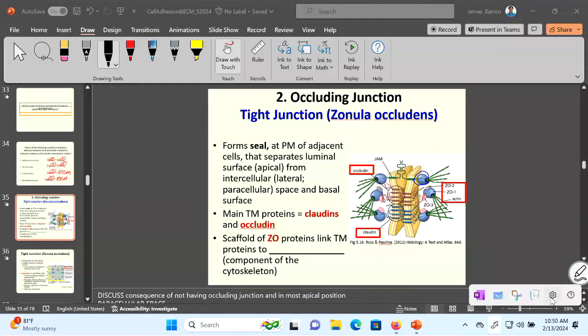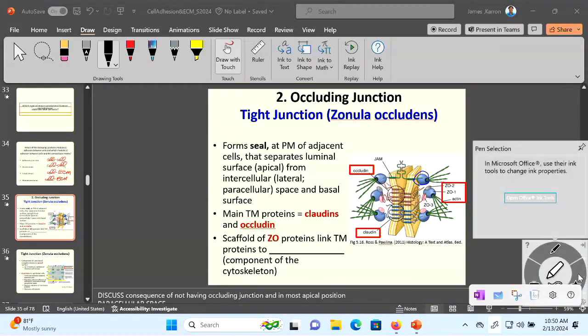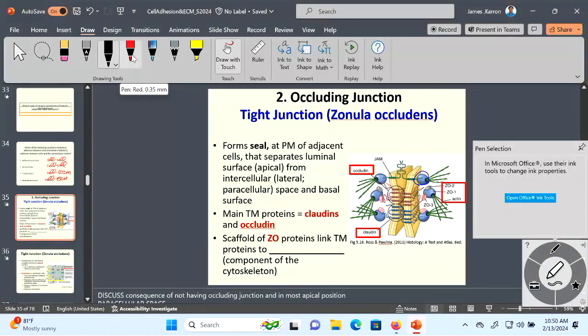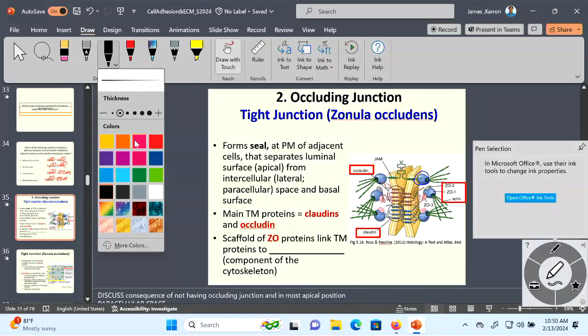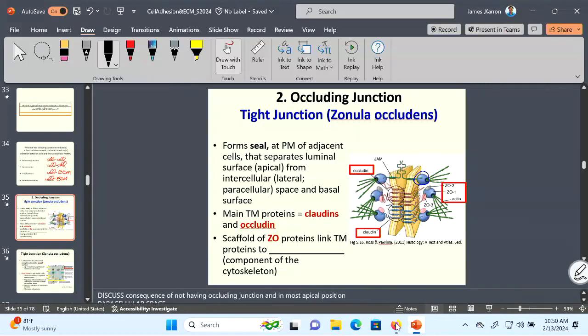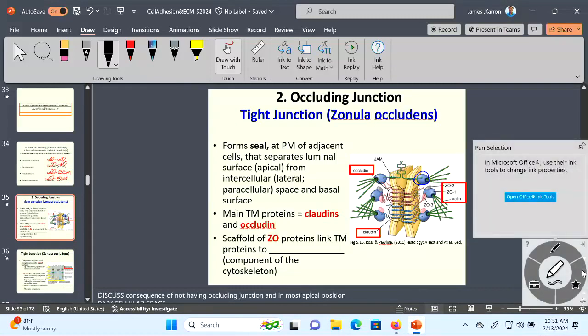Tight junctions. Sometimes, depending on what's going on, we may want to let in some water and ions that way. We won't talk about those scenarios, but lots of things go on in the body. And so that seal can be regulated. But under normal circumstances, we don't need to use that. It's there, gate closed. So occluding junctions are supremely important for that sealing function.